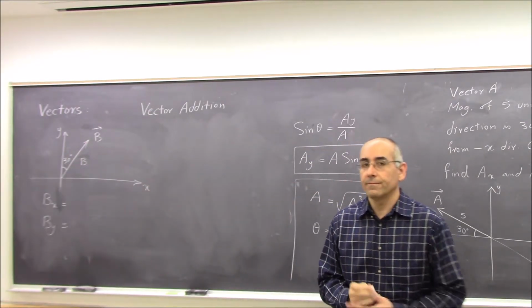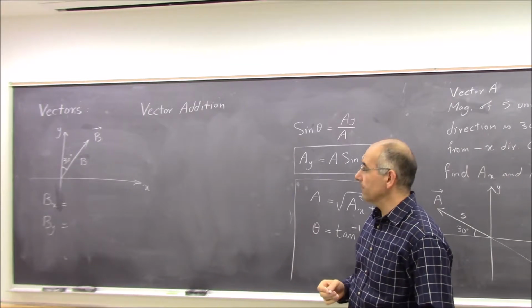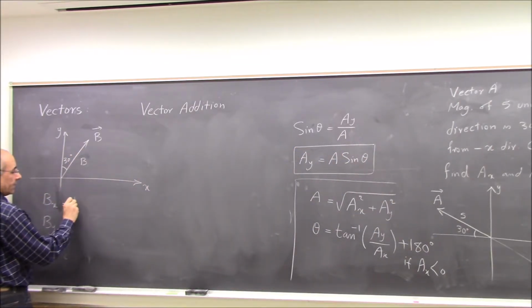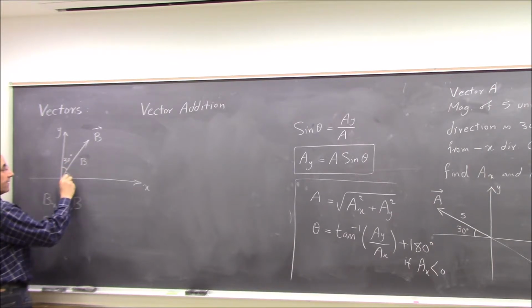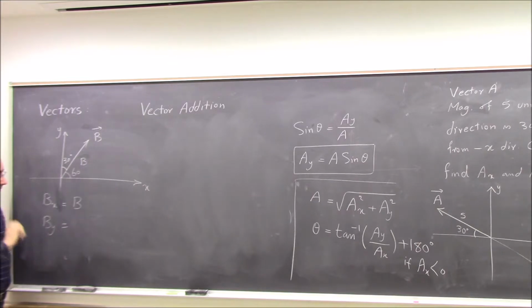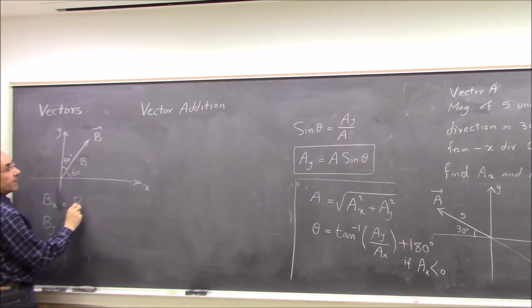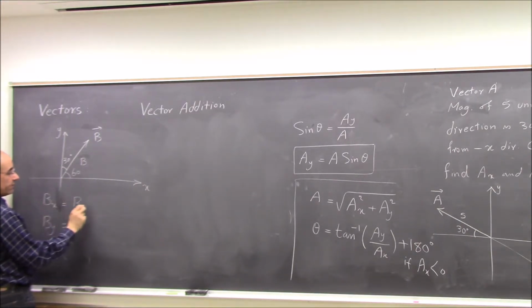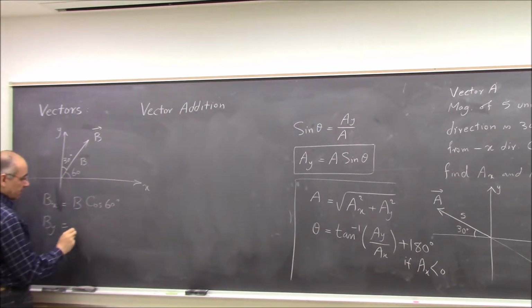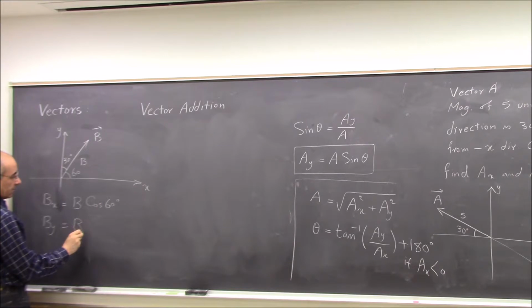Yes, bx would be b cosine 60, and by is b sine 60. So you use the standard angle, which is 60 degrees from the positive x direction. Then bx will be b cosine 60 degrees, and the y component will be b sine 60.